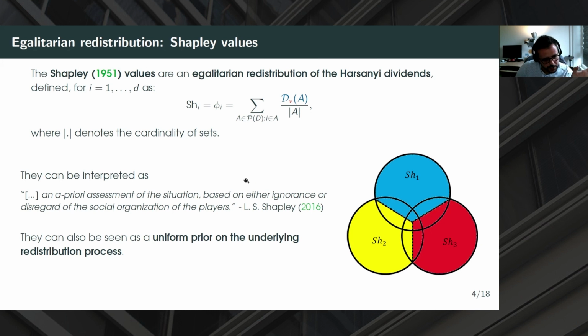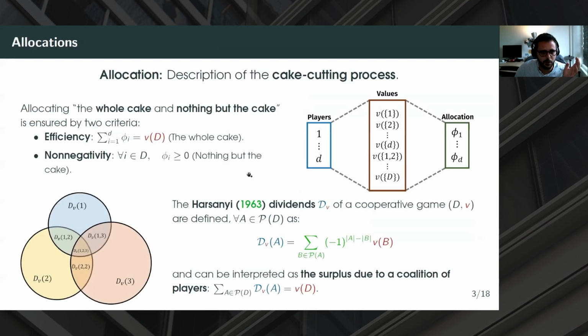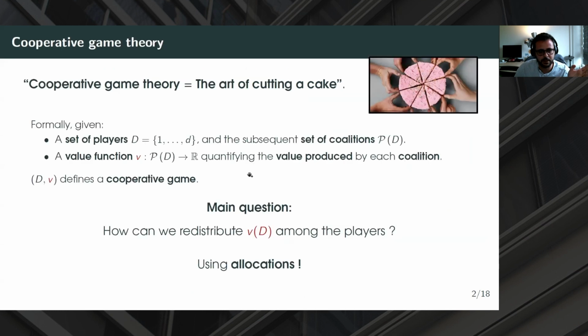Whereas cooperative game theory is not actually the same thing. This is really trying to cut a cake, basically: allocate resources to players based on the way that they interact with each other through the value function. But maybe there's some cooperative game theory in reinforcement learning, but I'm not really aware of it.